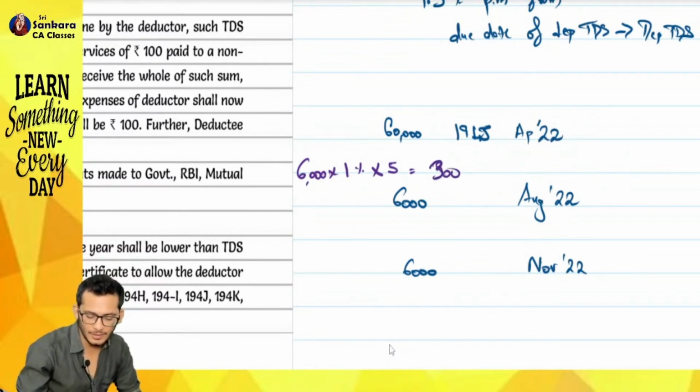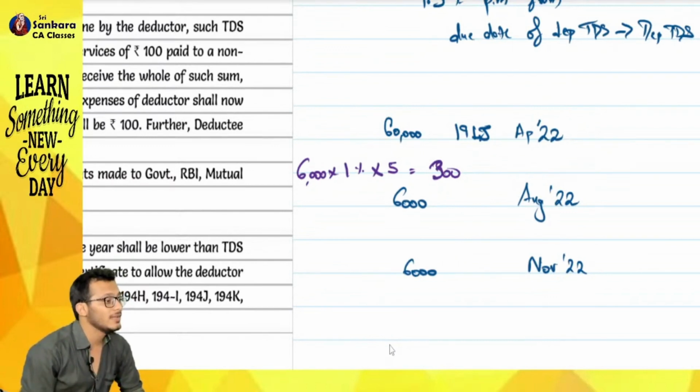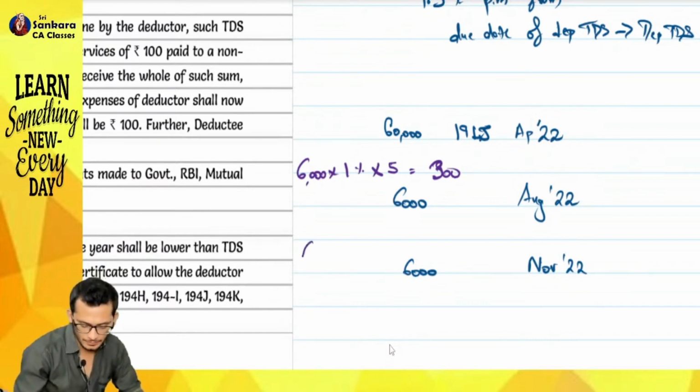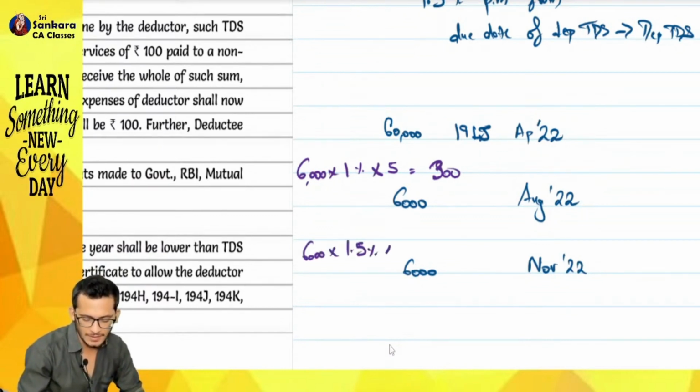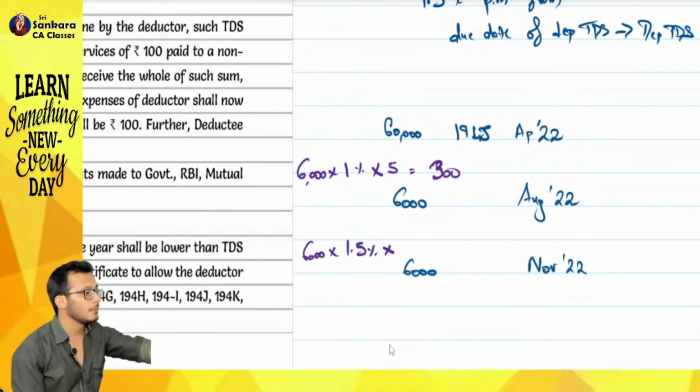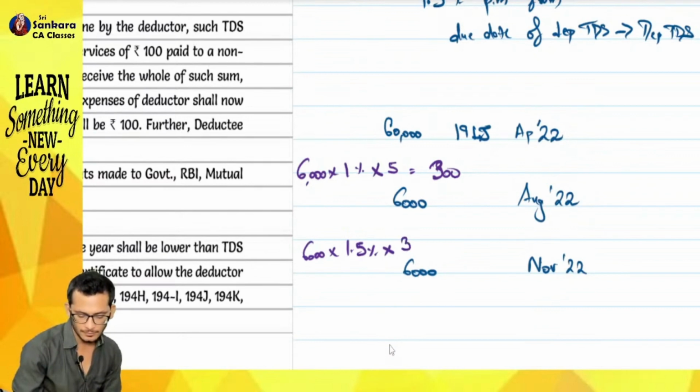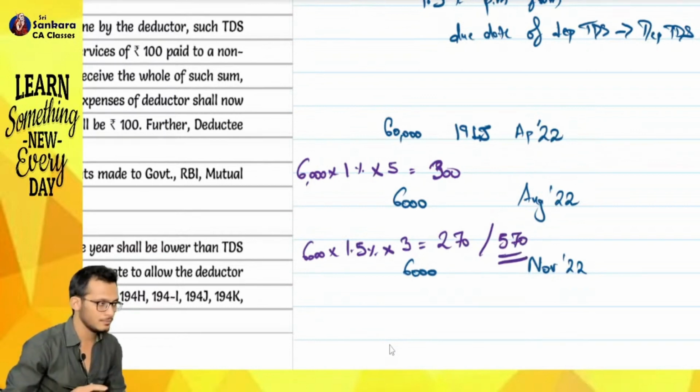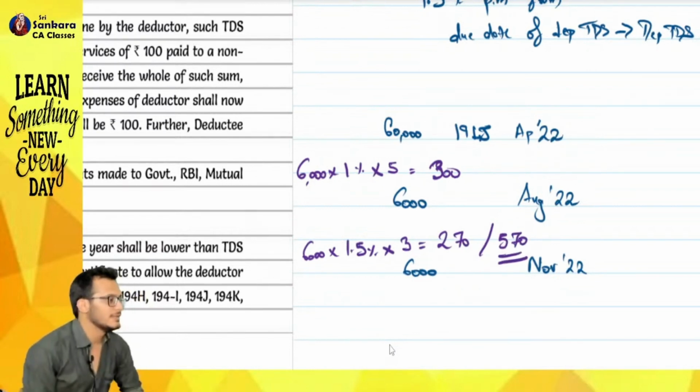Now you deducted in August, meaning you should have paid it by 7th September. Did you pay it on 7th September? No. So therefore you will be levied 6,000 into 1.5% into September, October, November, 3 months. Total interest 570. Clear?